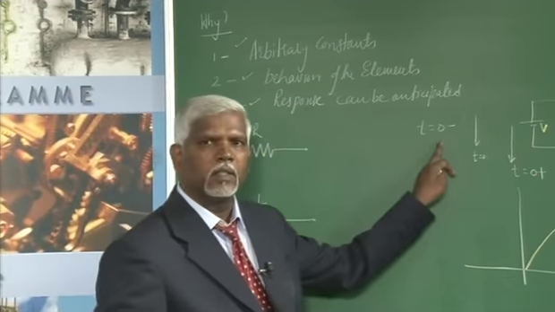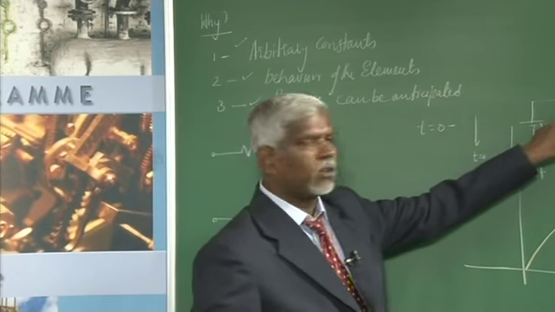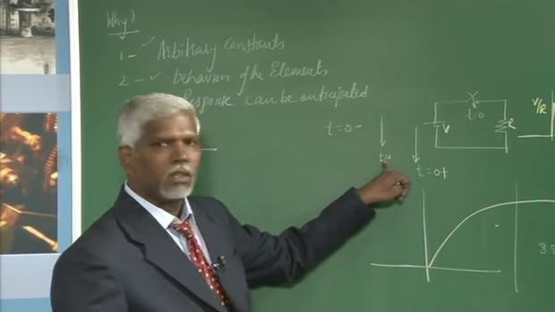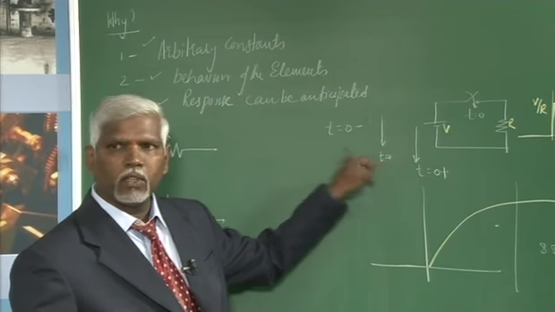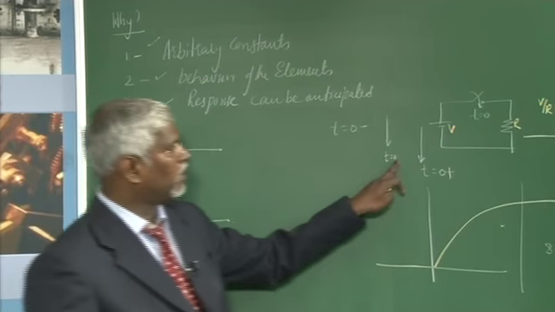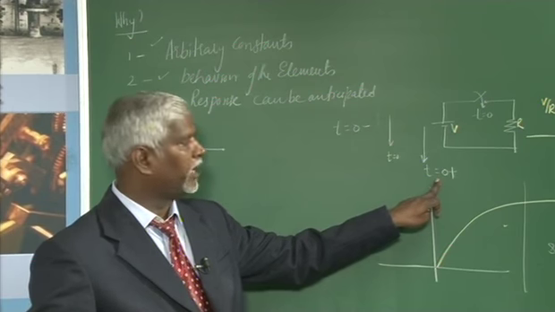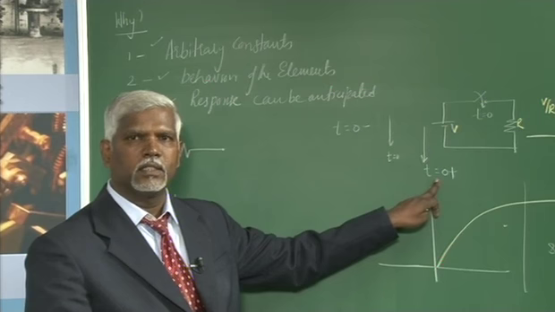0 minus becomes the history. It can be a switch operation, a closing switch or an opening switch. At t equal to 0 the action takes place, the switch is closed or the switch is opened. Before that is called the history. After closing the switch, t equal to 0 plus is said to be the network state immediately after closing the switch.